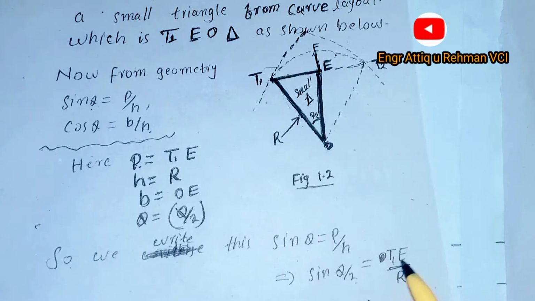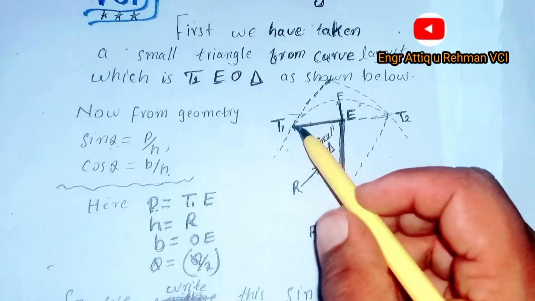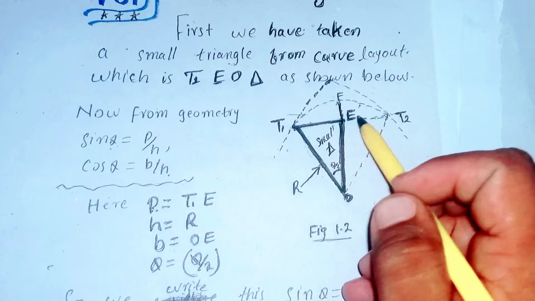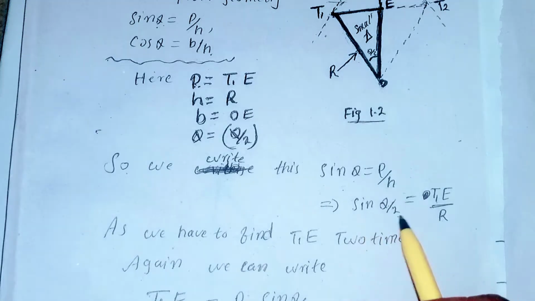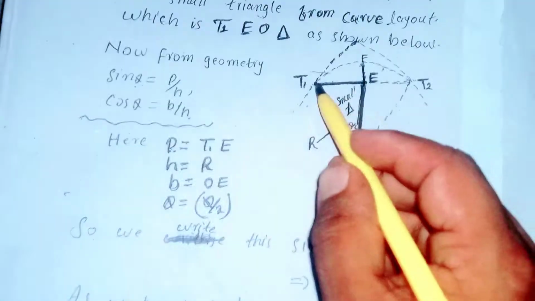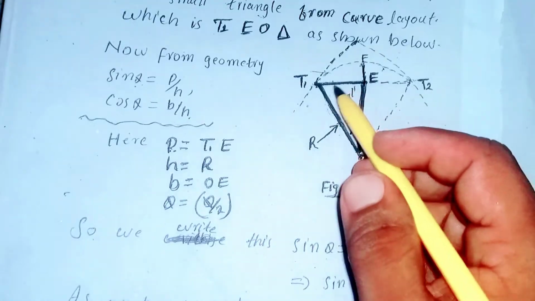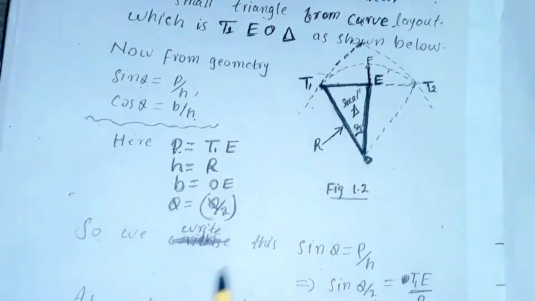We are going to find T1E, which is half of the total chord length. So T1E is equal to r multiplied by sin theta divided by 2. Multiplying T1E by 2 gives the total chord length.